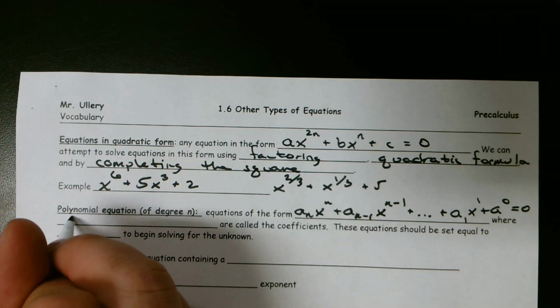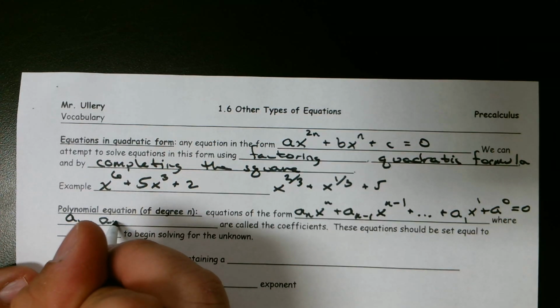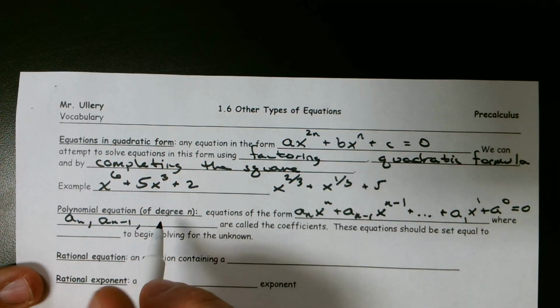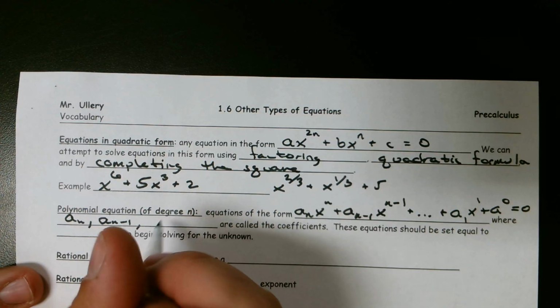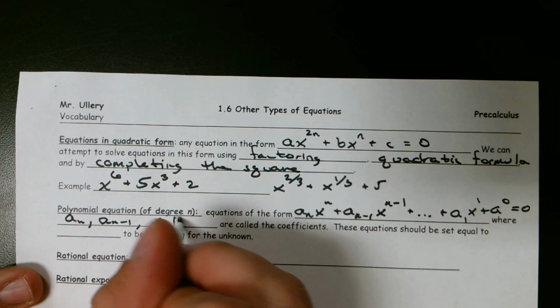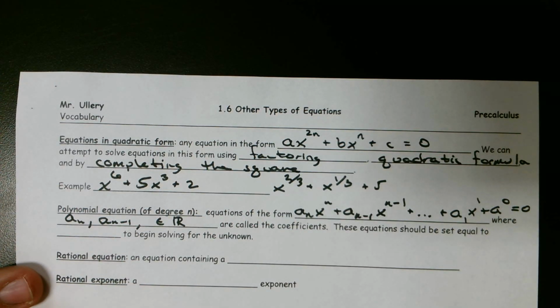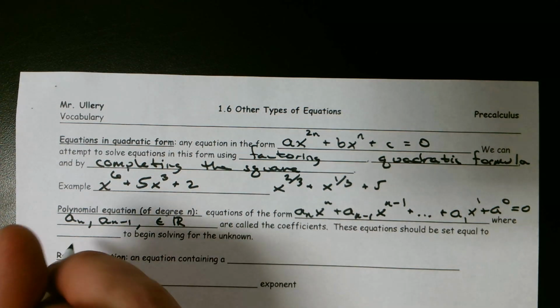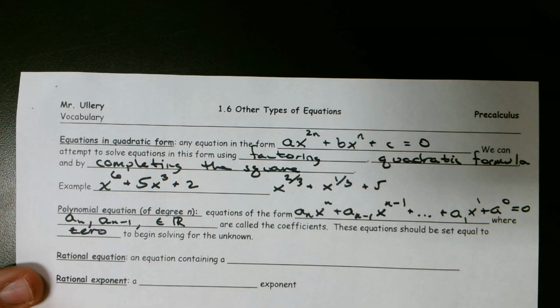All right, so all of these a sub n's, a sub n minus 1, etc., those are all elements of the set of all real numbers. They're called coefficients. So these equations should be set equal to 0, okay, so that we can begin solving.